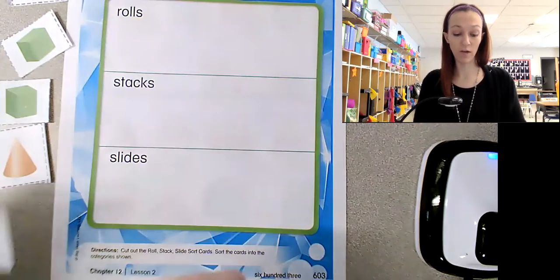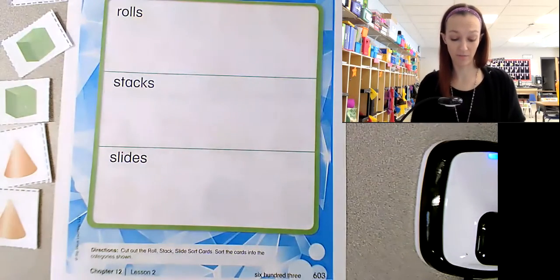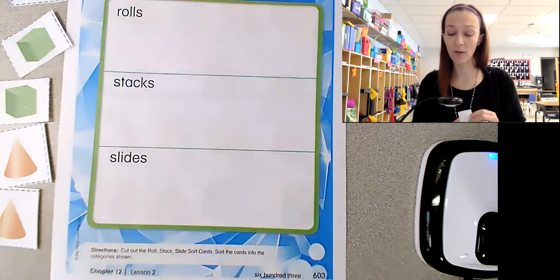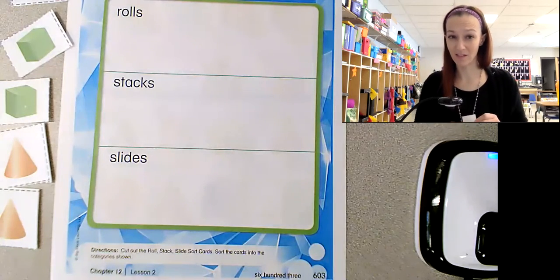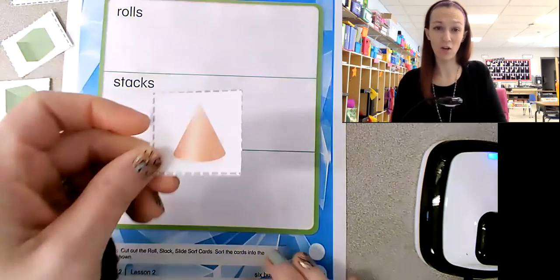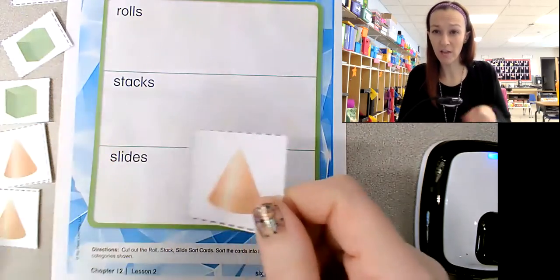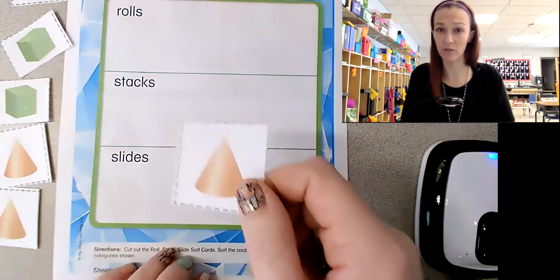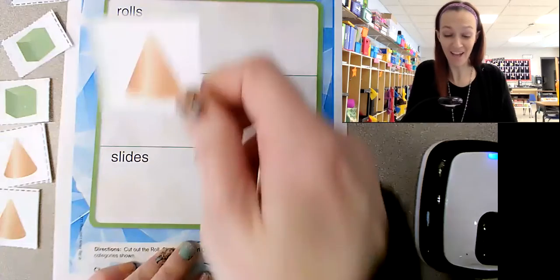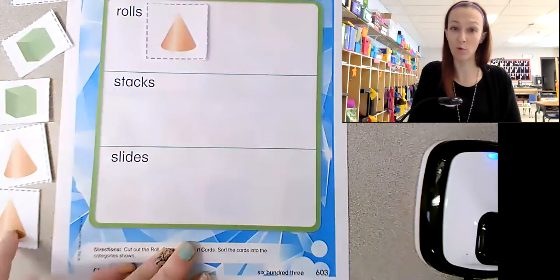All right, so what your job is on the front here is you're going to sort these into where they go. So I have a cone here. Can you roll a cone? Does it have a round side or a curved surface? Yeah, so you can put it here, but look, there's more cones.